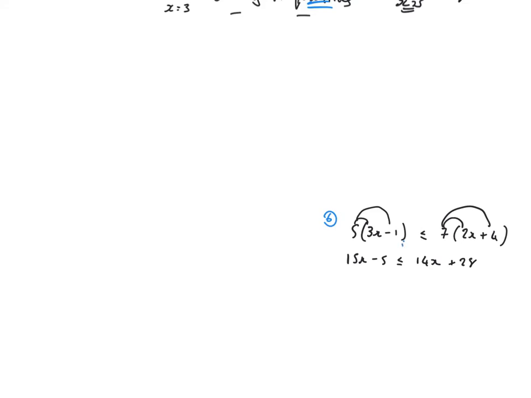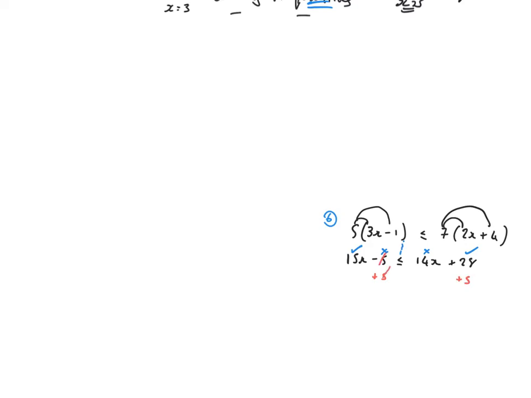Letters to the left, numbers to the right, inequality in the middle. 15x is okay. Numbers shouldn't be on the left, they should be on the right, so that's not okay. The next term should be on the left, and 28 is okay. So first of all, I'm going to get rid of minus 5 by adding 5 to both sides.